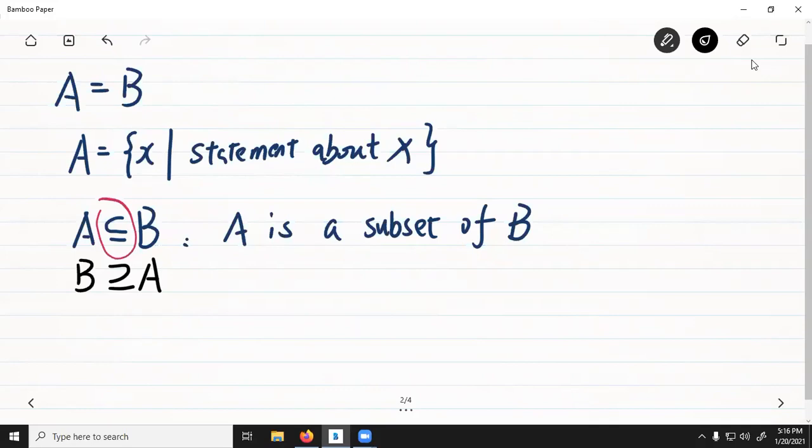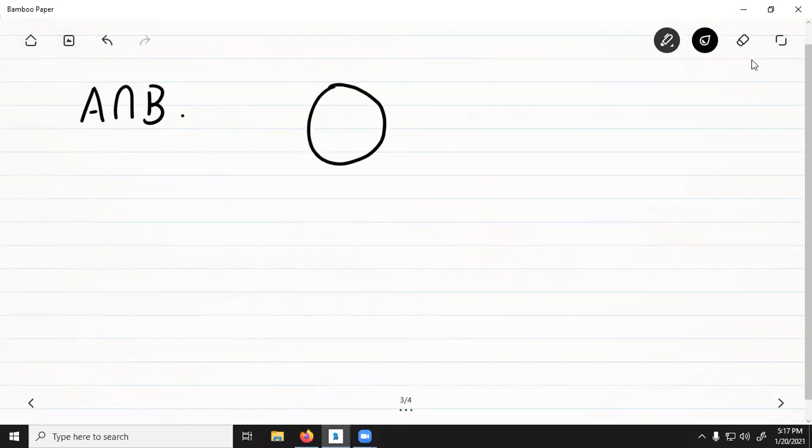And we have some operations on two sets. A intersects B. That means the common part of these two sets. If we use the Venn diagram, this is set A and this is set B, so the intersection would be the common part.